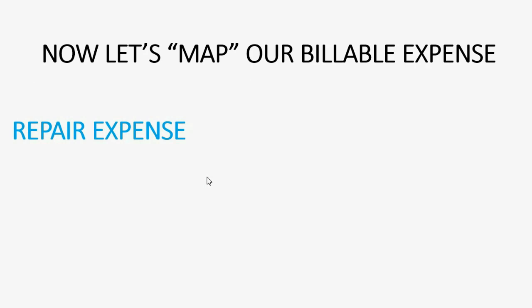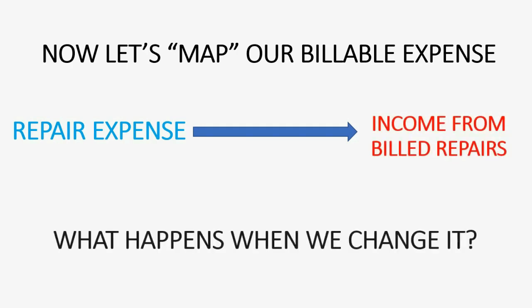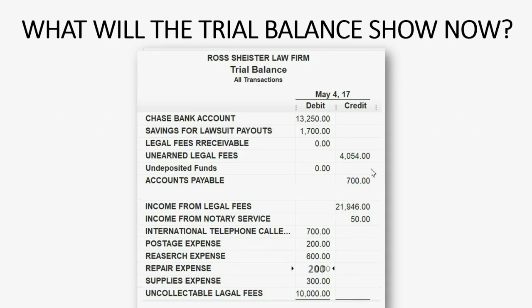We're going to map repair expense to a new account that we're going to create called Income from Billed Repairs. What will happen when we change this? What will happen at the moment we map this income account? Well, repair expense will come back because QuickBooks now knows that it should not take the money out of the expense.